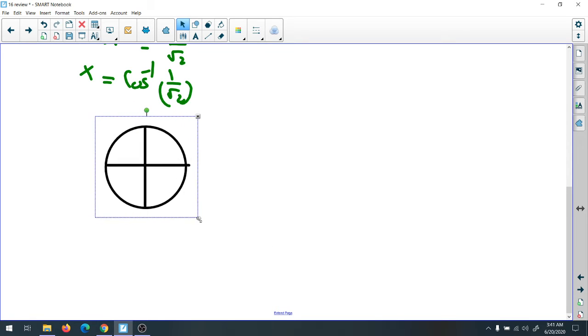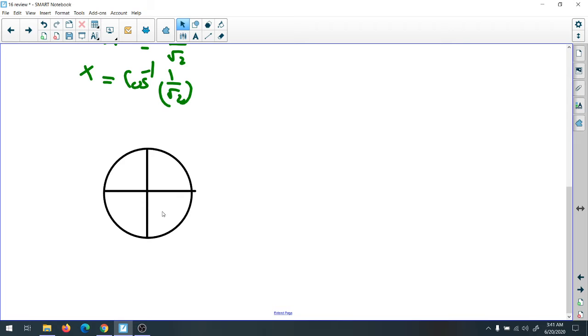So here is our unit circle. And by the way, cosine of 45 is 1 over square root of 2, or the square root of 2 over 2, if you remember.